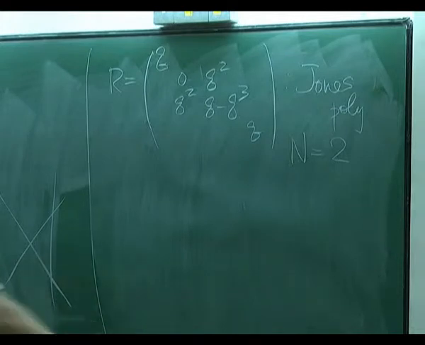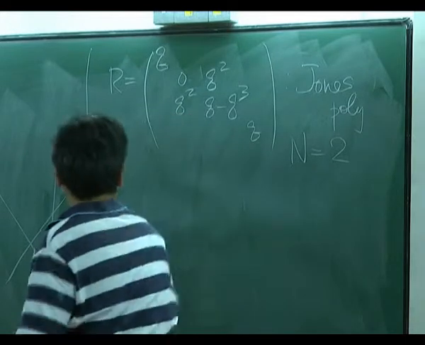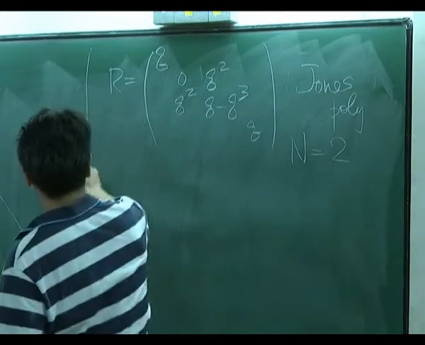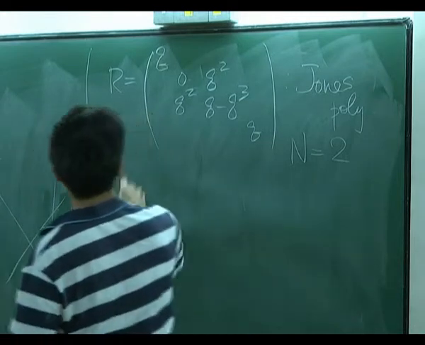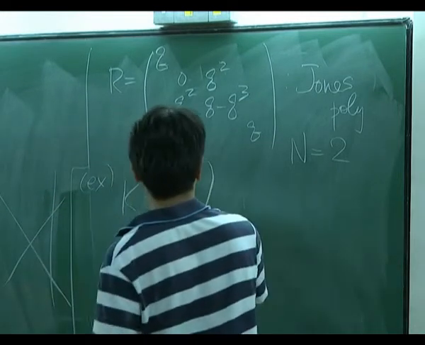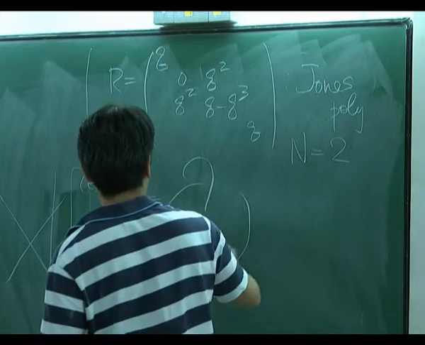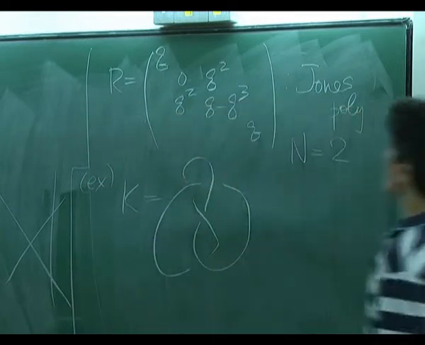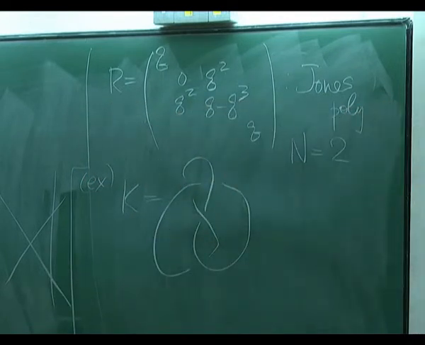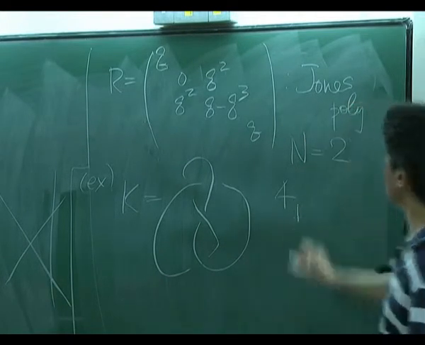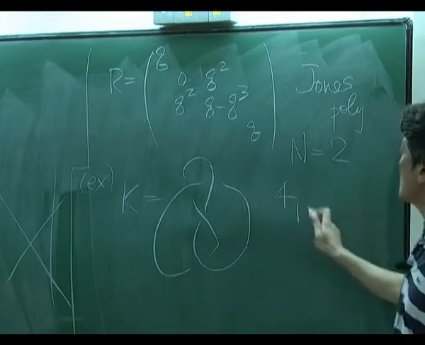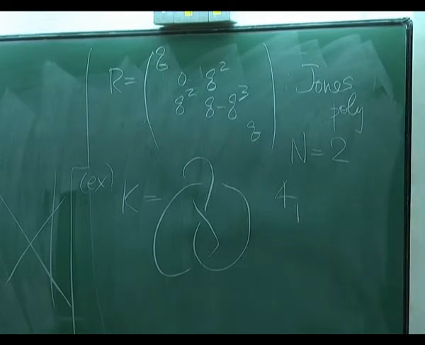As an example, we study this knot. This has 4 crossings. As a convention, this knot is denoted as 4_1.